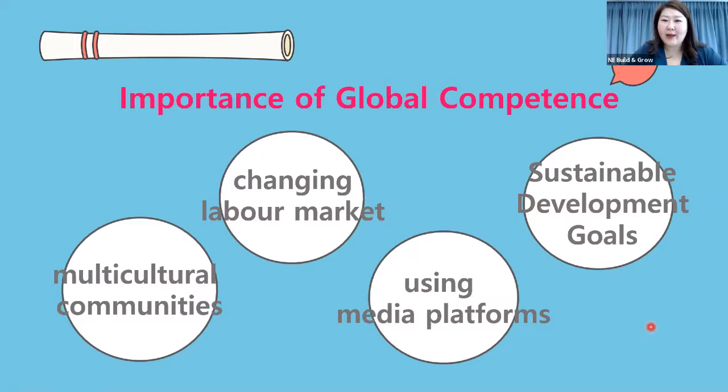So why now? 4C was hard enough, right? But now why global competence? So if you look at the first two over here, it says lots of things like, well, nations, we cannot live on our own, right?